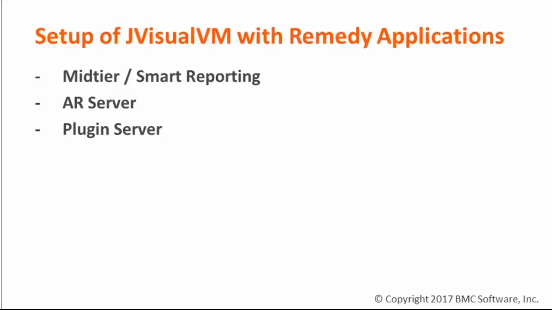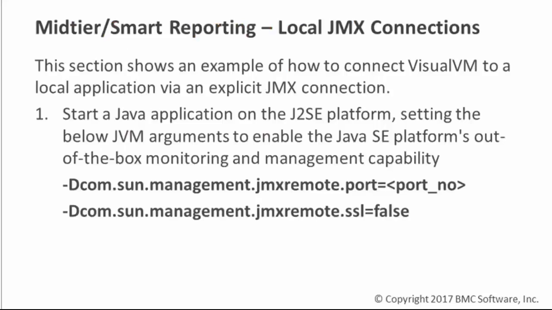The reason I mention Smart Reporting and Midtier together is that both applications run on the web server, so the steps for connecting with JVisual VM are the same for Midtier and Smart Reporting. There is no difference between these 2 applications in the steps for connecting to JVisual VM. So let us learn for each application how to connect with JVisual VM.